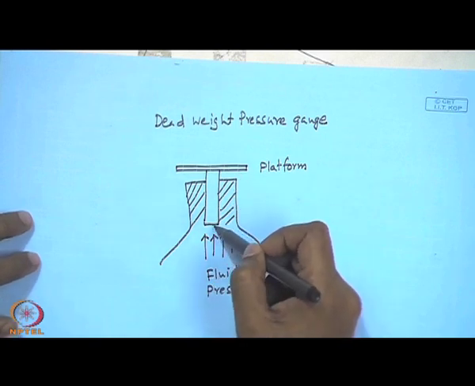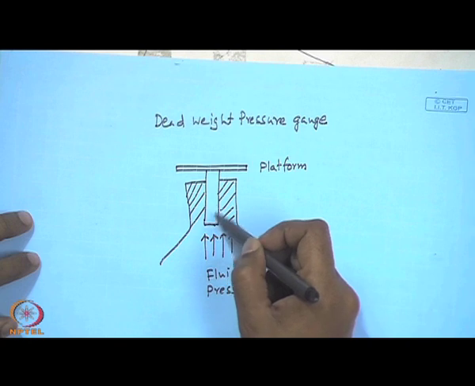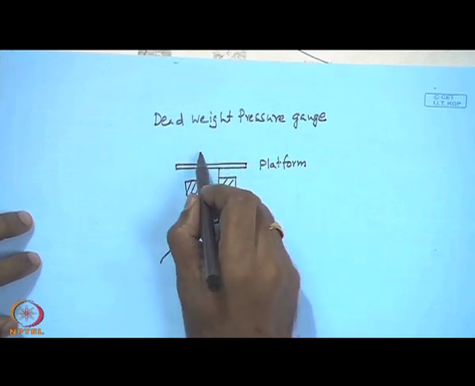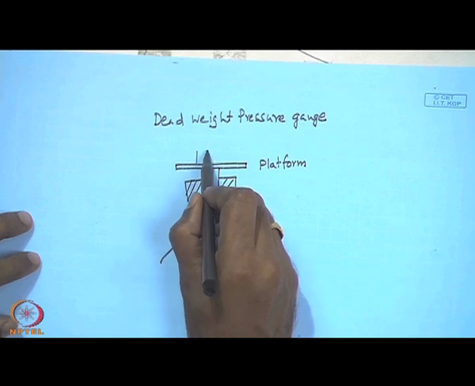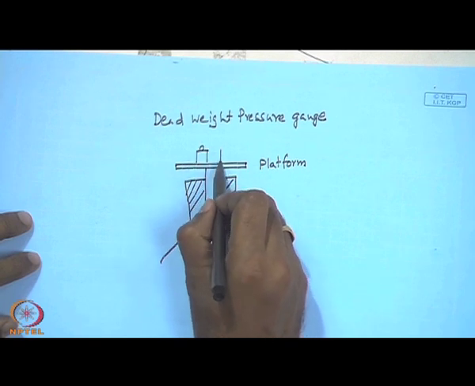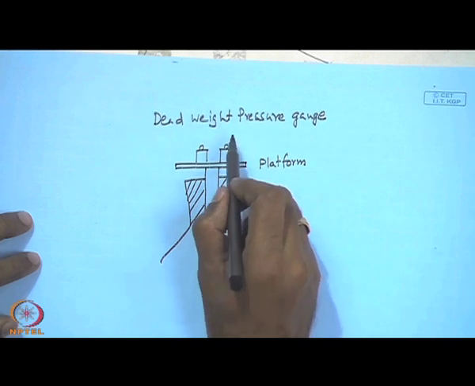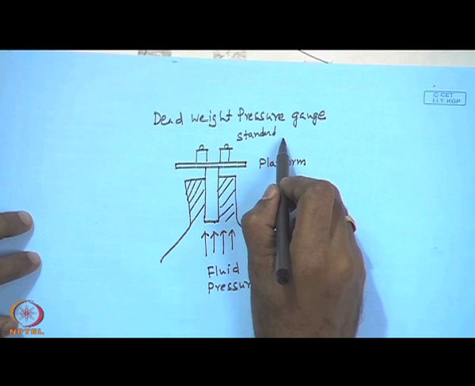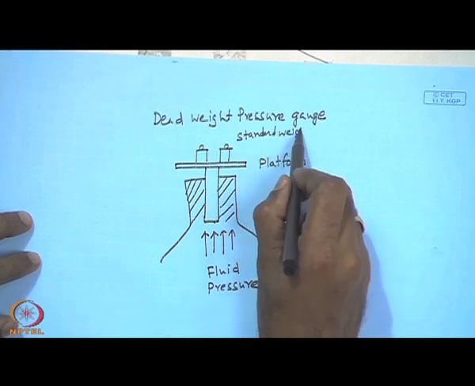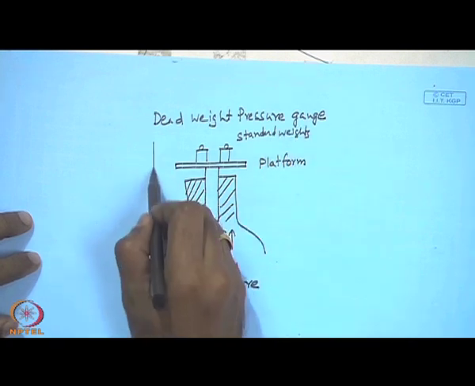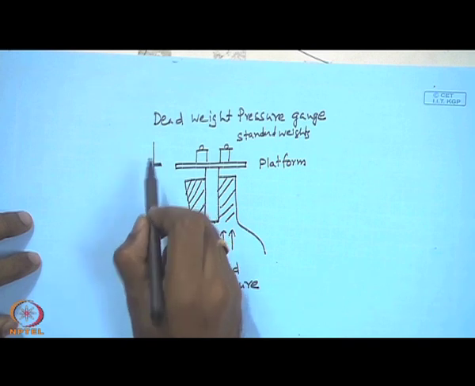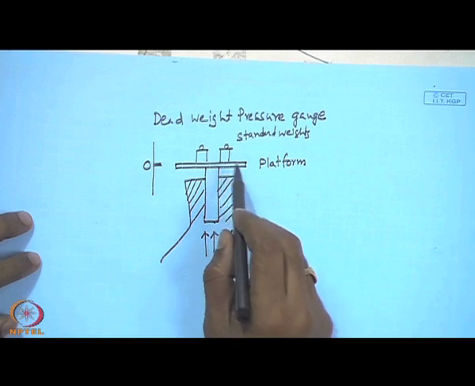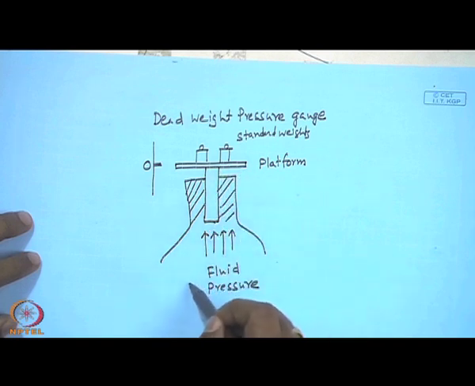When the fluid pressure acts here, this will try to go up, which can be counterbalanced by putting standard weights here. So, by maintaining a null point, we can measure the fluid pressure.